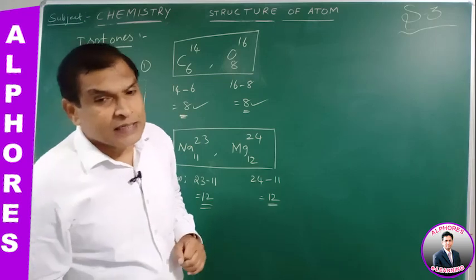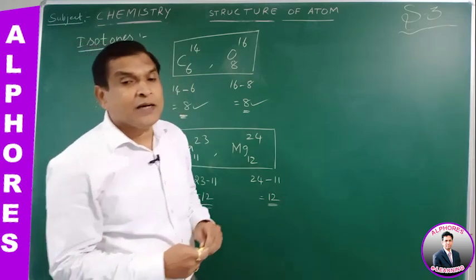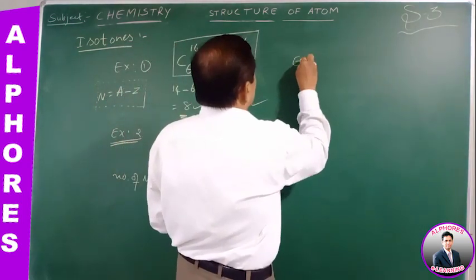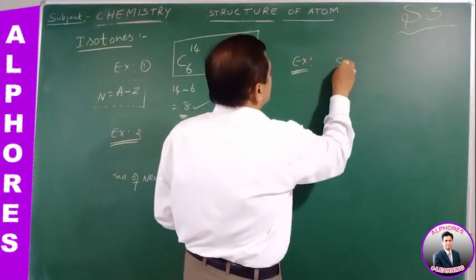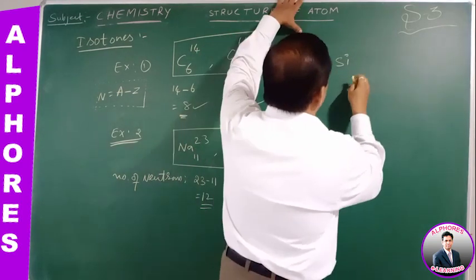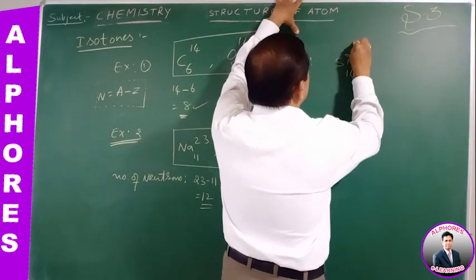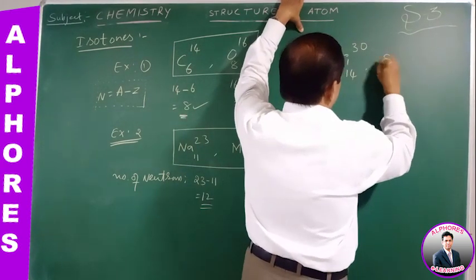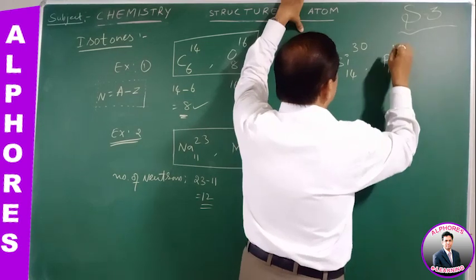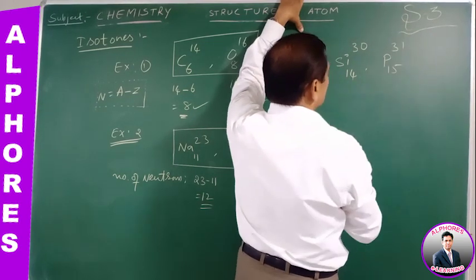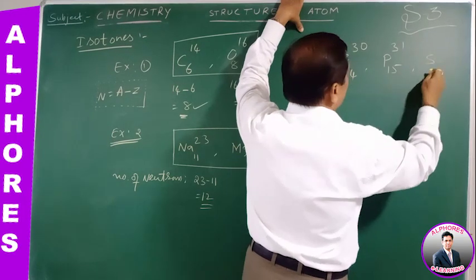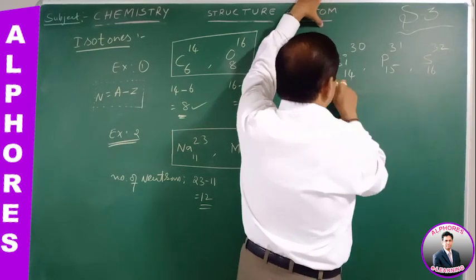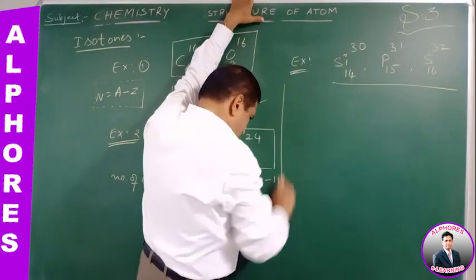Let us consider one more example: silicon-30, atomic number 14, phosphorus-31, atomic number 15, and sulfur, atomic number 16 and mass number 32. They must be a set of isotones.